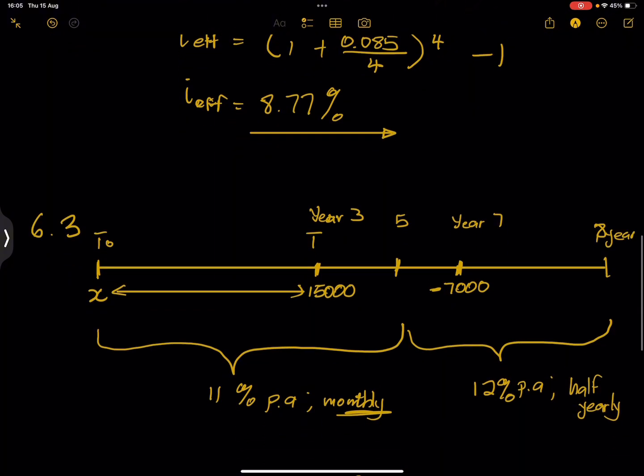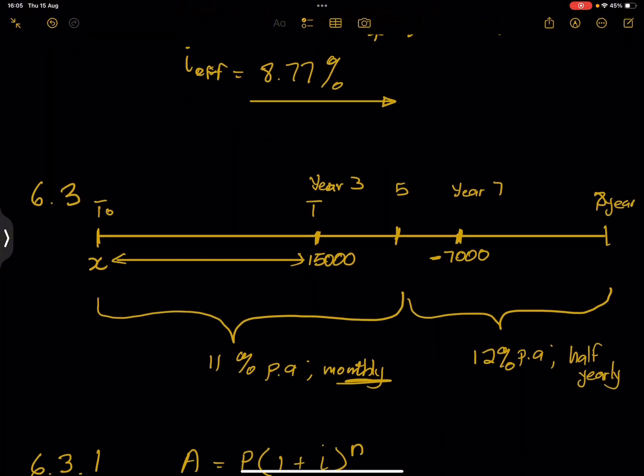Now what we need to find out, ladies and gents, is that we've gotten the value that was deposited in terms of X. But what happens to this value? It will now further undergo another deposit of 15,000.